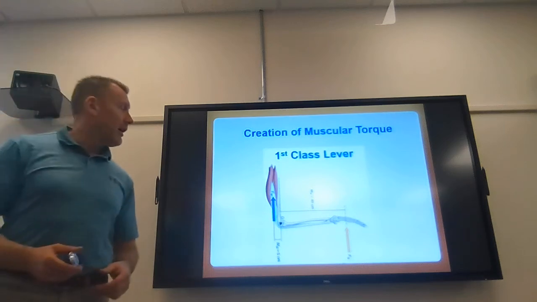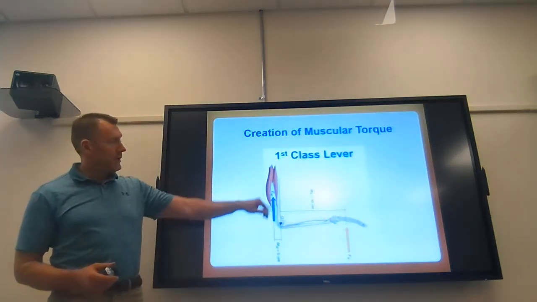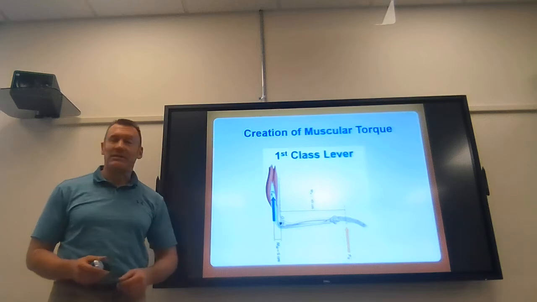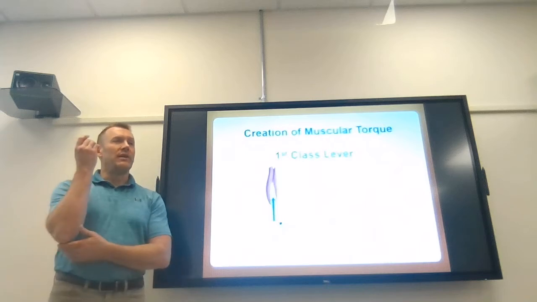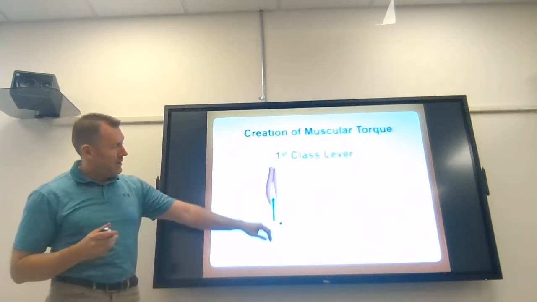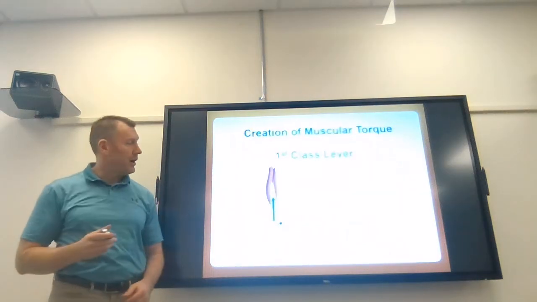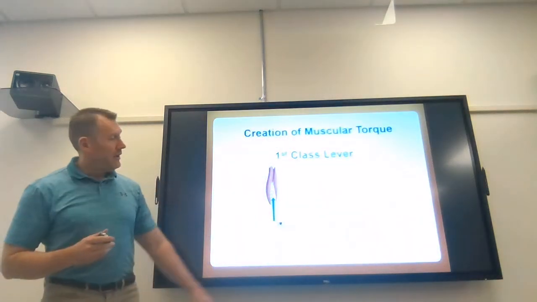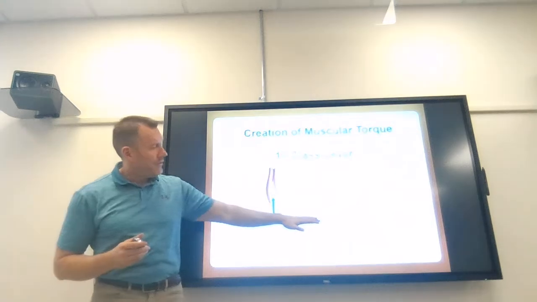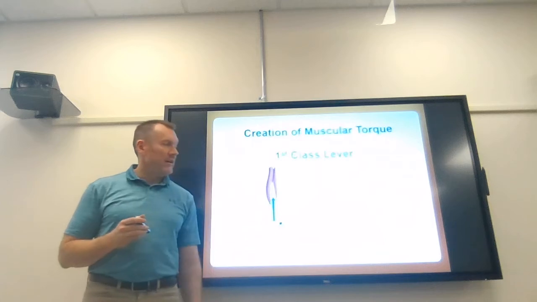So with the first class lever, just what I said with the first example, you have the force from the muscle. So in this case, which muscle is that? Yeah, so the tricep has its attachment point on the olecranon process of the elbow here, and so that pulls there on the radius, because the radius is what has the olecranon process, and then the axis is represented by the elbow joint, and then we have resistance here from the forearm and the hand, and then any additional resistance that's being moved by the hand.